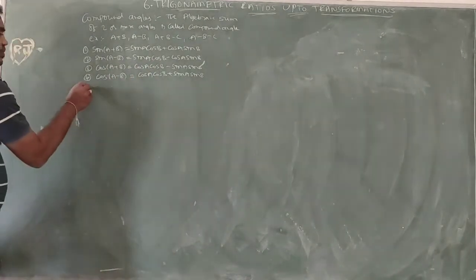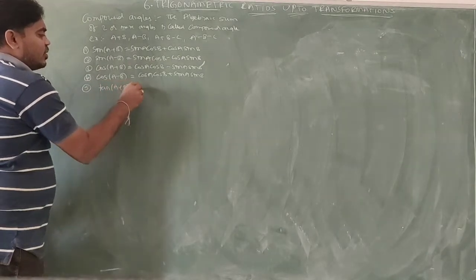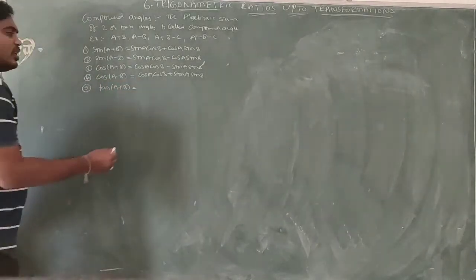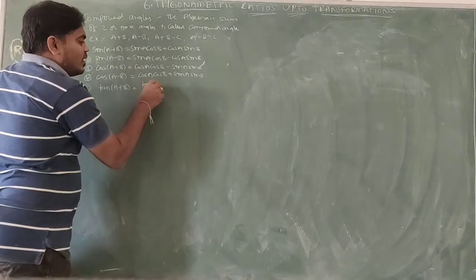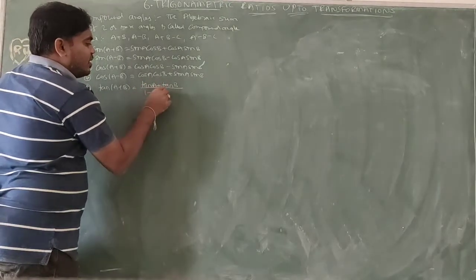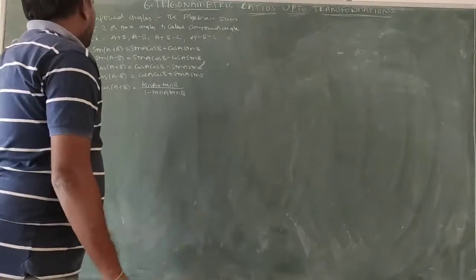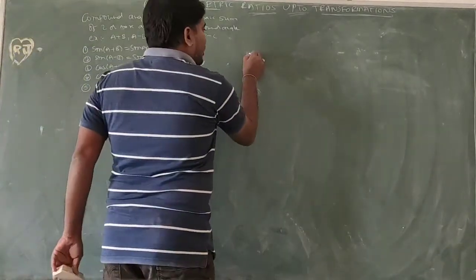Next, tan of A plus B. The formula for tan of A plus B is tan A plus tan B by 1 minus tan A tan B. For example, I am writing the proof here.